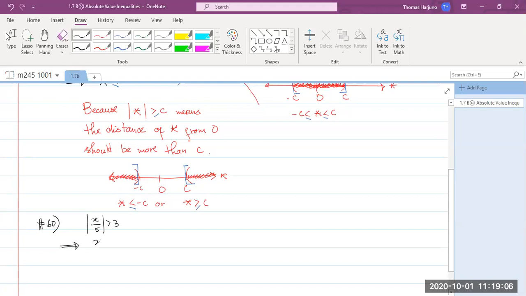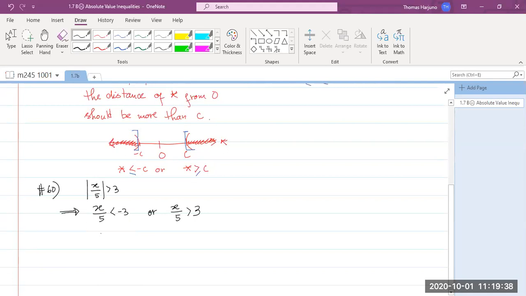Then either the blah is to the left of negative 3, because the distance has to be more than 3 from 0. When you say the distance more than 3, it could be more than 3 units to the right or more than 3 units to the left. This is the first case here, more than 3 units to the left. Or the blah is more than 3 units to the right.